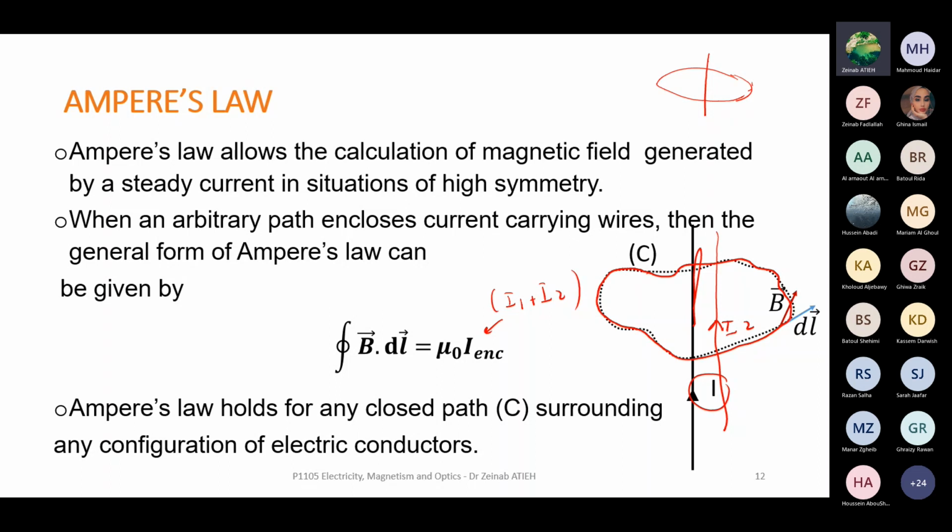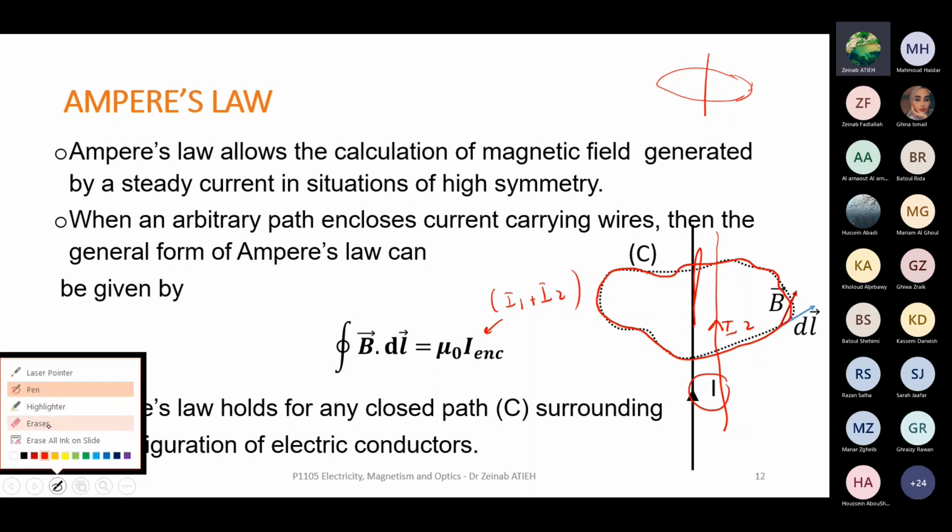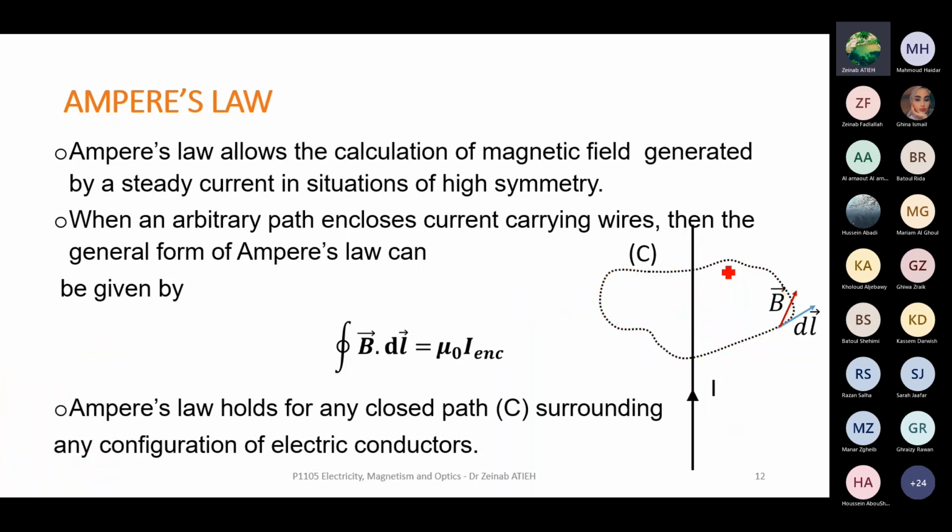One small note: if we have more than one wire, let me erase. If you have, for example, another wire which is moving, let me say I prime, in the opposite direction, I enclosed in this case will be I minus I prime. I will explain this when I solve.